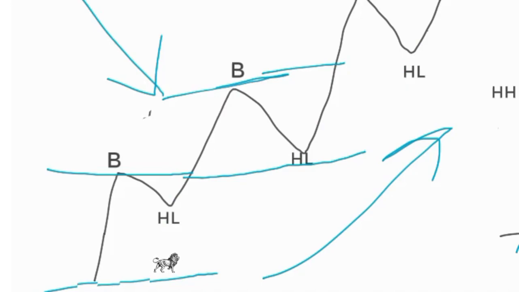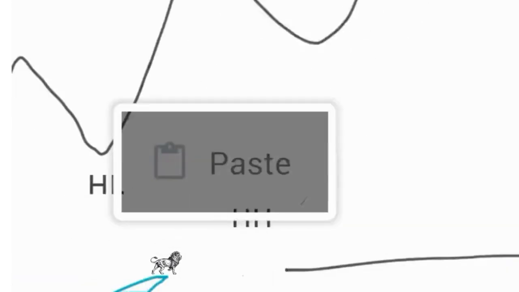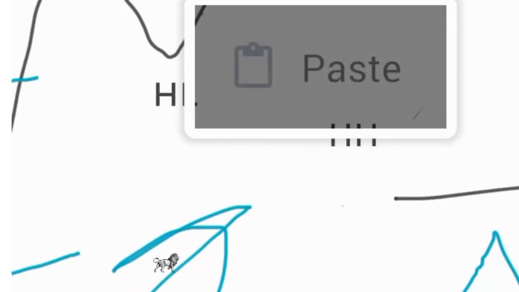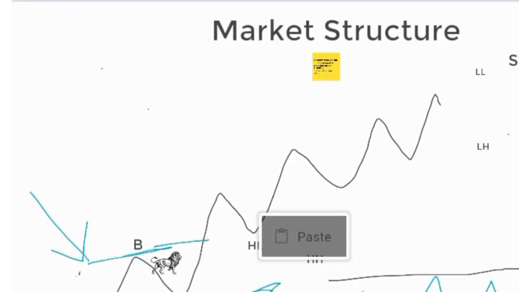Now, what about higher high? For higher high, we use H to depict higher high.